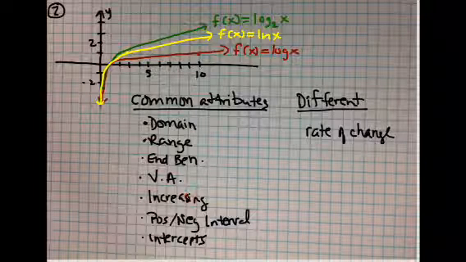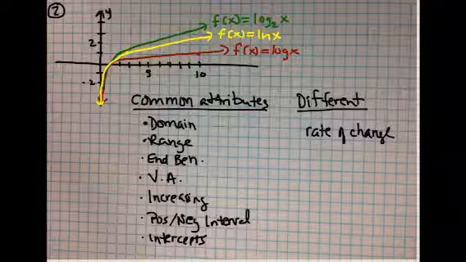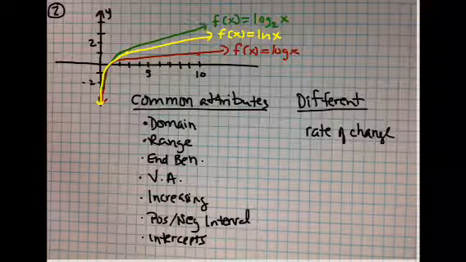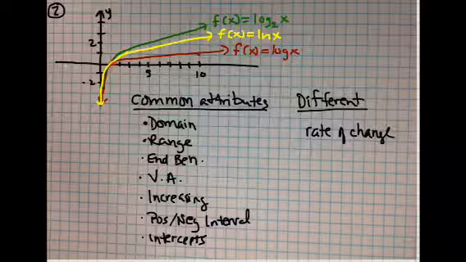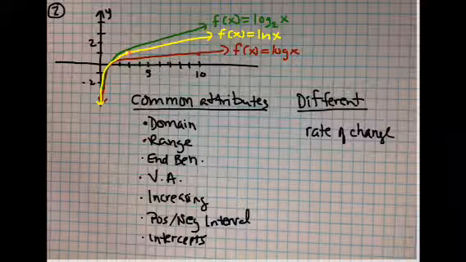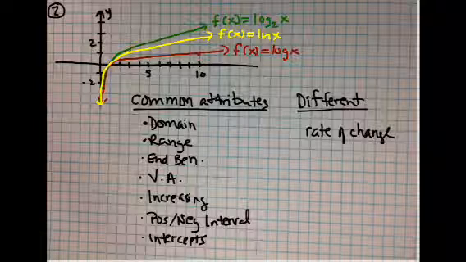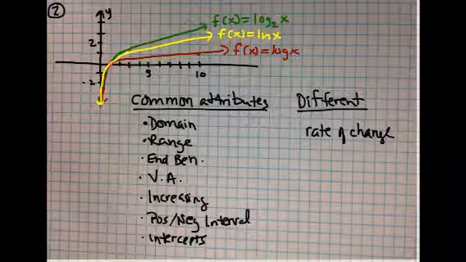All of them are increasing. All three of them have the same positive interval and the same negative interval. In other words, from 0 to 1, they're all negative, and greater than 1, they're all positive. And they also have the same x-intercept, (1, 0), and none of them have a y-intercept.